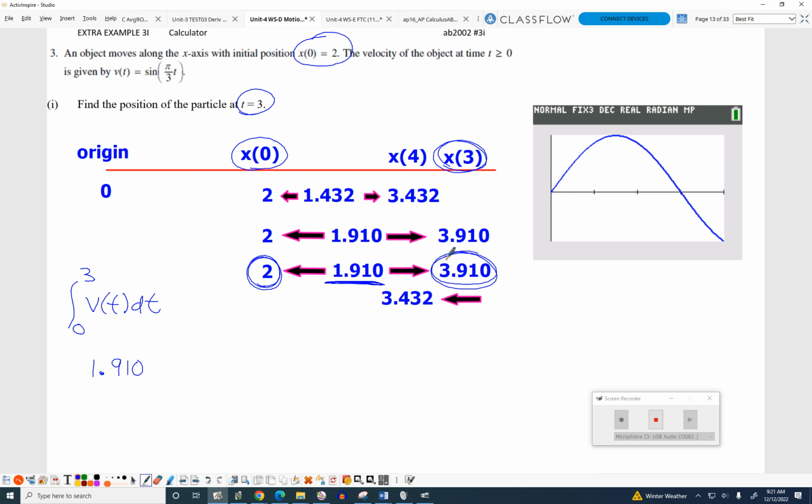The way you write that down is you say the fundamental theorem calculates displacement. The other way to calculate displacement is to simply know the 2 positions, X of 3 and X of 0. We don't know X of 3 at the beginning, but we do know X of 0. So that's what you write on your paper.